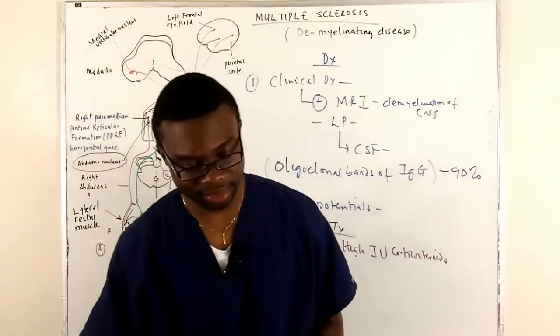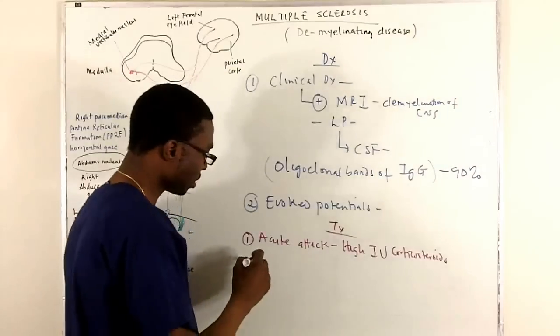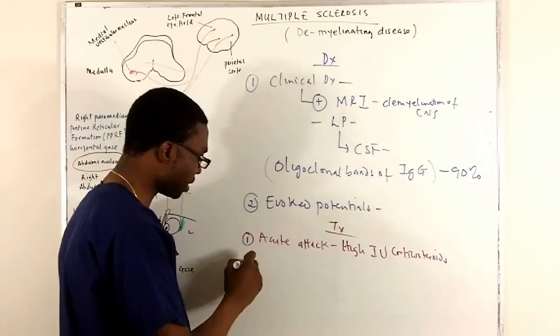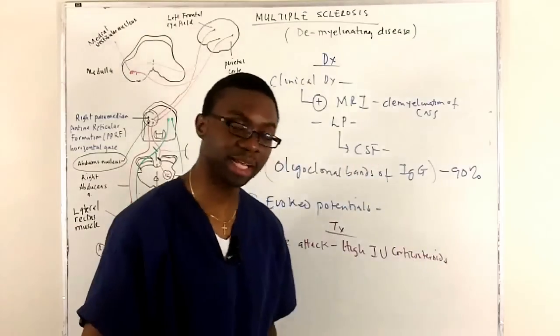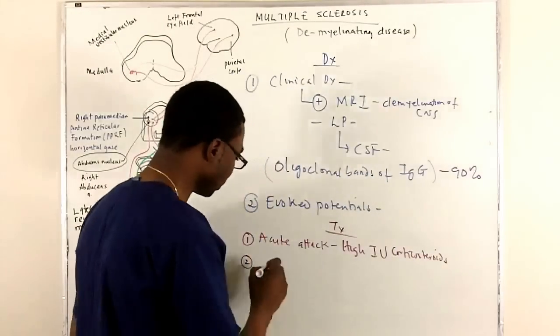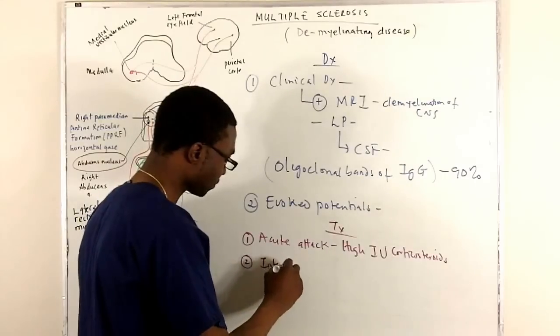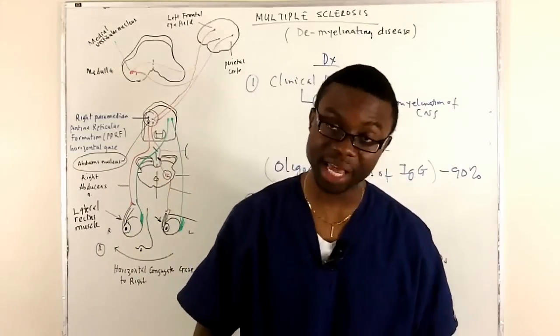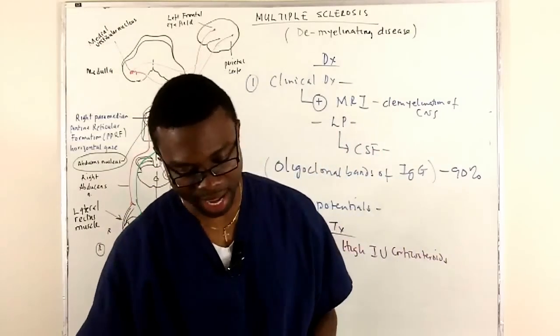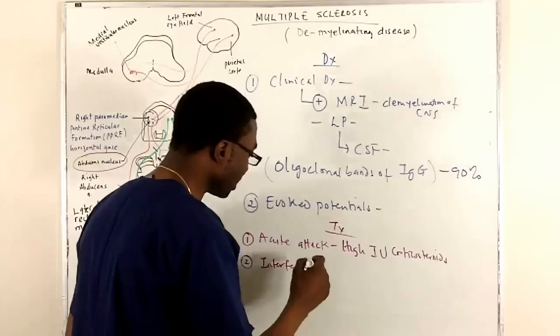Also, patients can be given disease-modifying therapy, and this is where we can use interferon. What kind of interferon do we often use? We use the beta 1A interferon and the recombinant beta 1B.